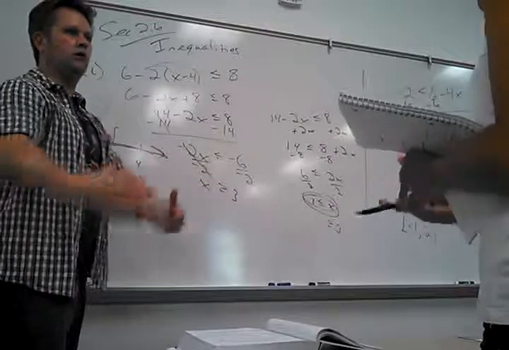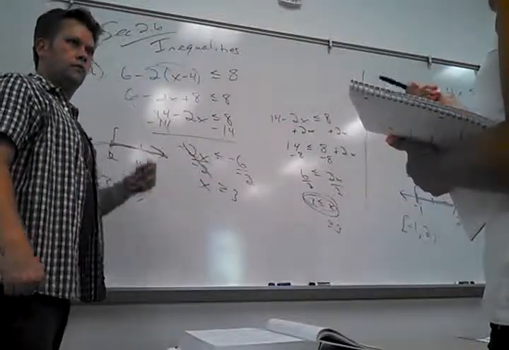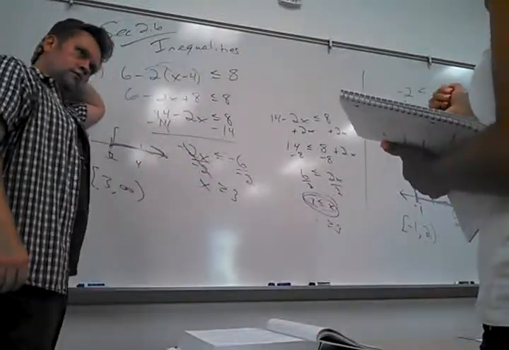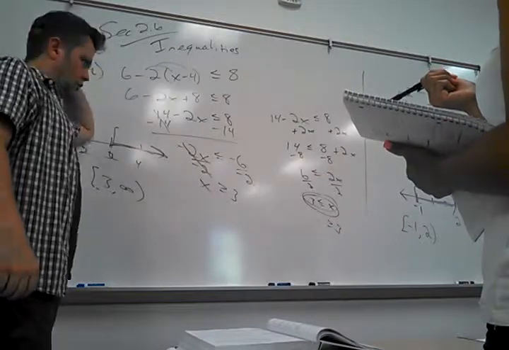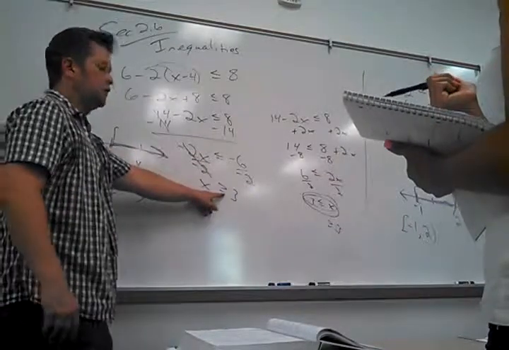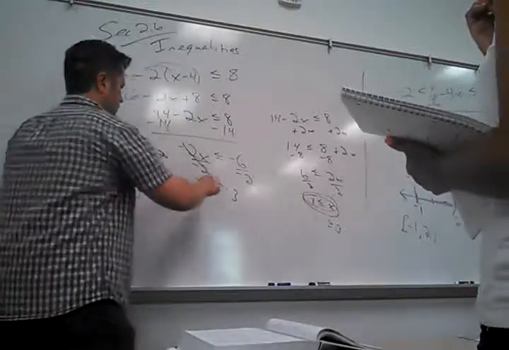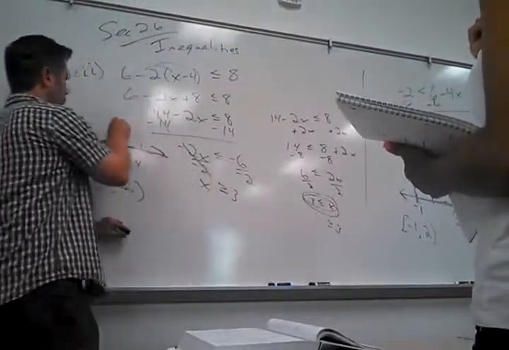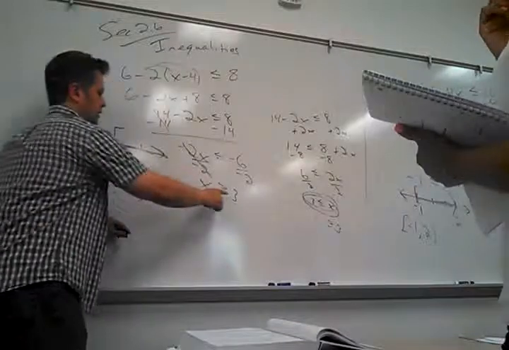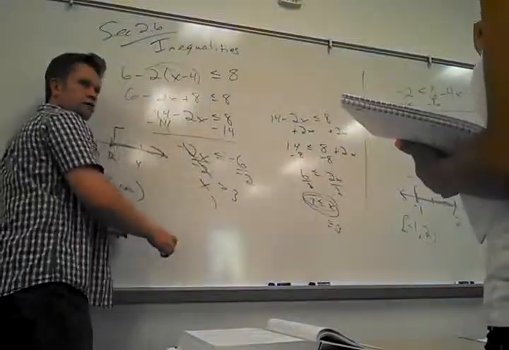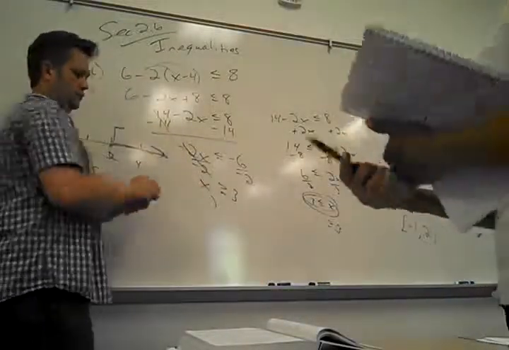I don't want to include 3. So when it's greater than or equal to, I would use the bracket? Or less than or equal to. If it has an equal to sign, use the bracket. And again, some people like this: when it has the hard line, use the one with the hard line. When it doesn't have the hard line, use the one that doesn't have a hard line. Okay, thank you.